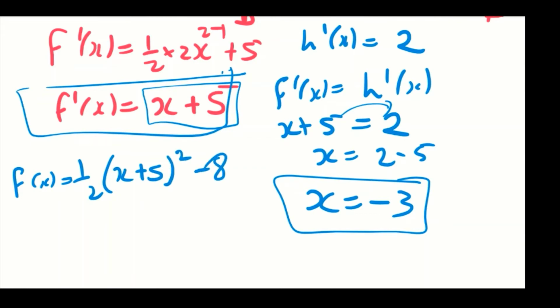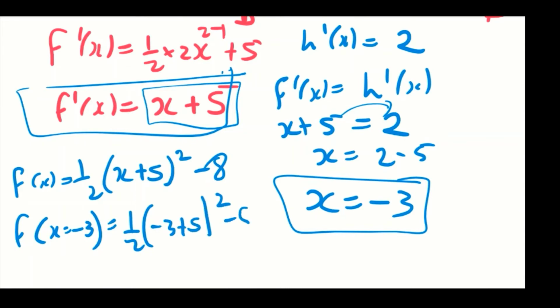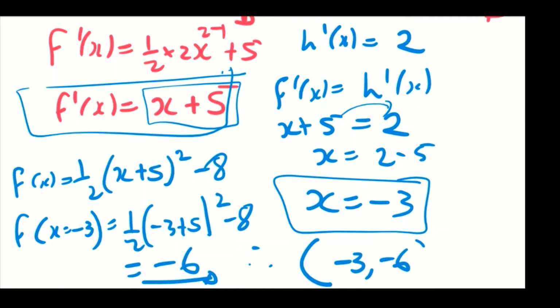So f of minus 3 equals 1 over 2 into minus 3 plus 5 squared minus 8, right? You will get a value of minus 6. So this is your other coordinate. So the complete coordinate is going to be minus 3 and minus 6.